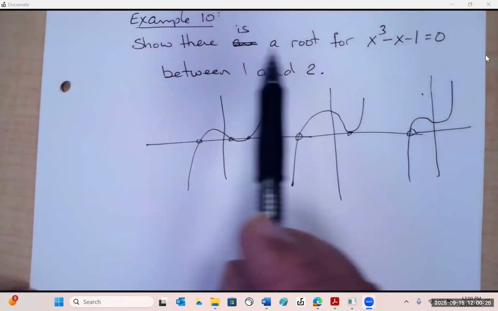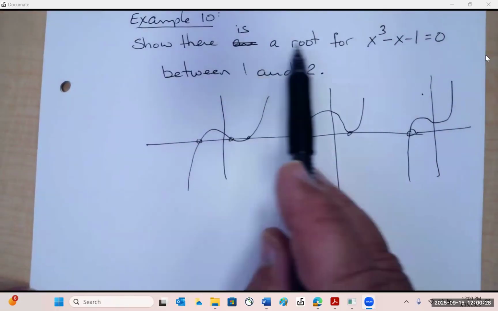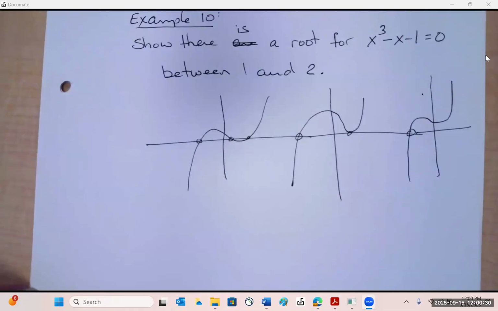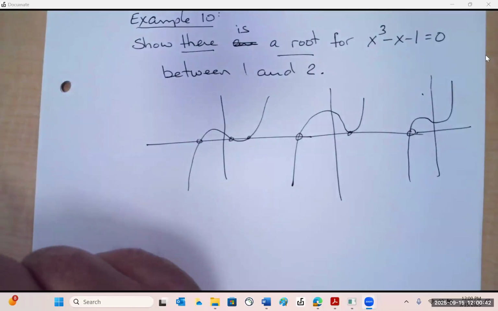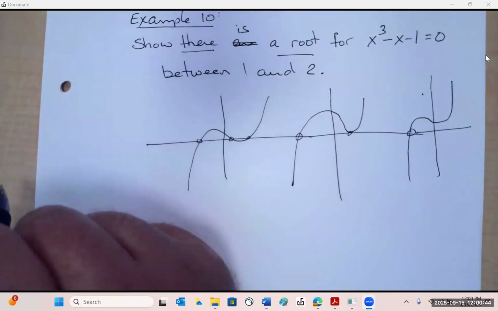But what is it saying? Show that there is a root for this function. What is it asking us to tell? No. That's what you think it's asking. It's just saying, show there is a root. How do we prove that there's a root?